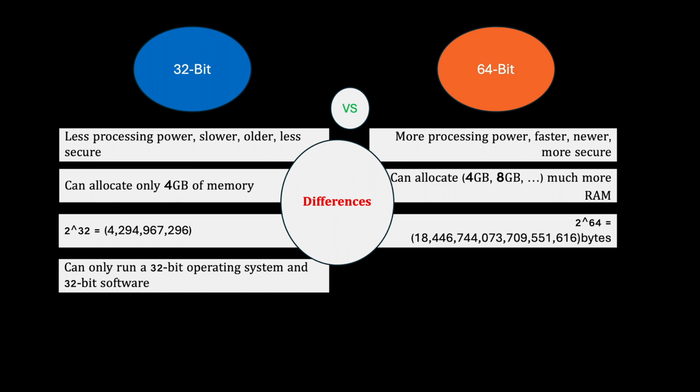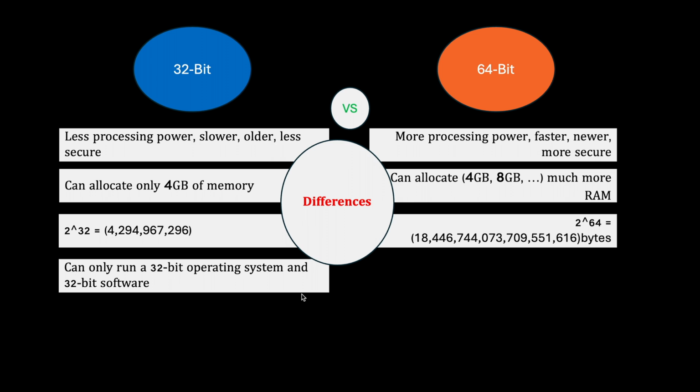A 32-bit can only run a 32-bit operating system and 32-bit software. That means when you download an application which is supposed to be for 64-bit and you download it for 32-bit, it won't work.